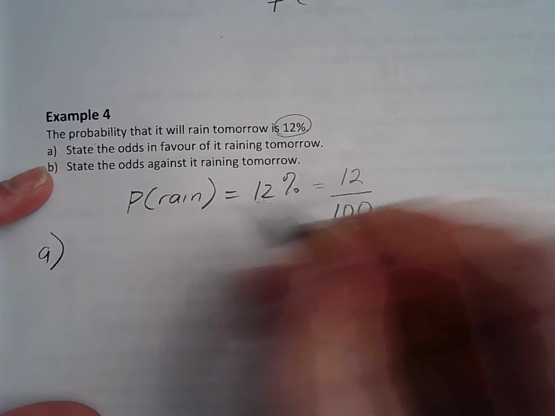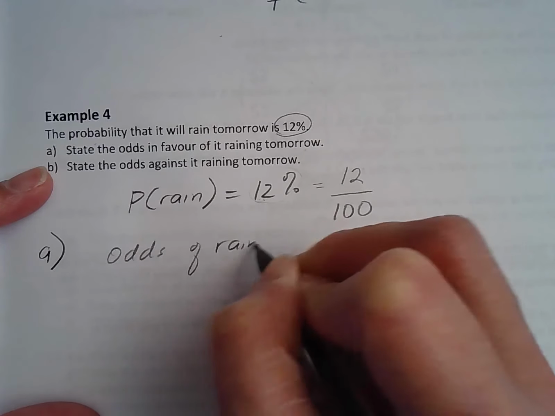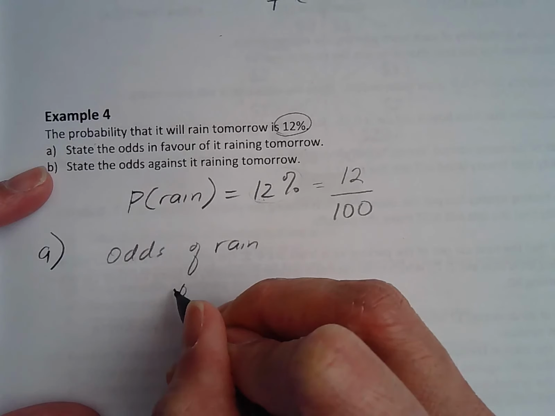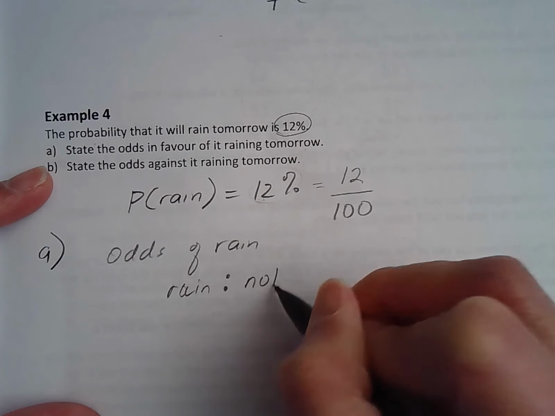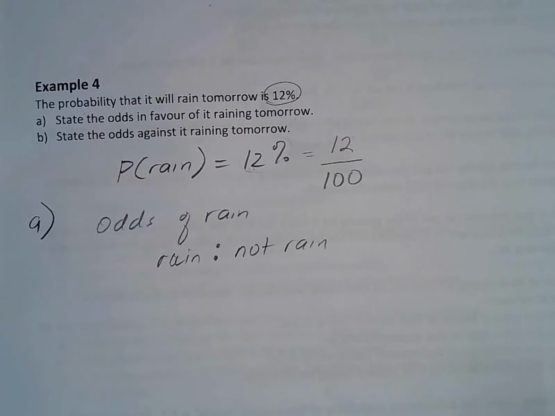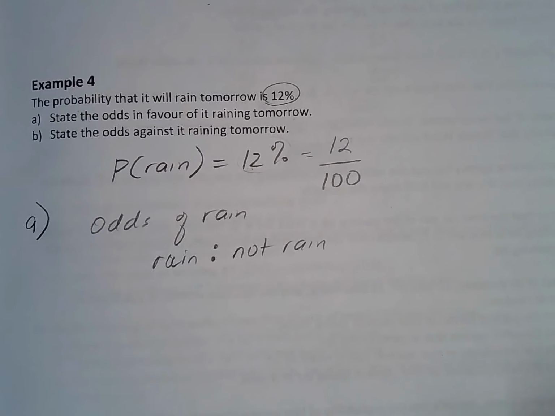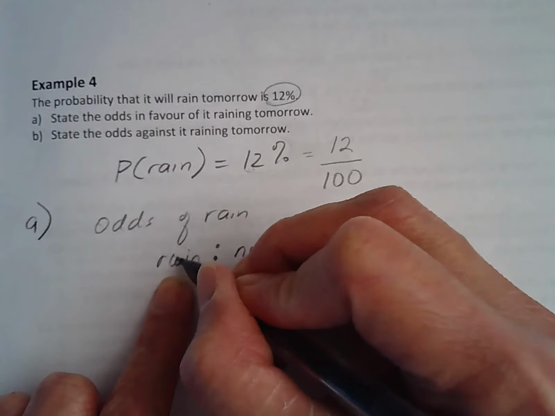So this is odds of rain. It's going to be rain is to not rain. So if 12% is rain, or 12 out of 100 is going to rain, what's the odds of rain?